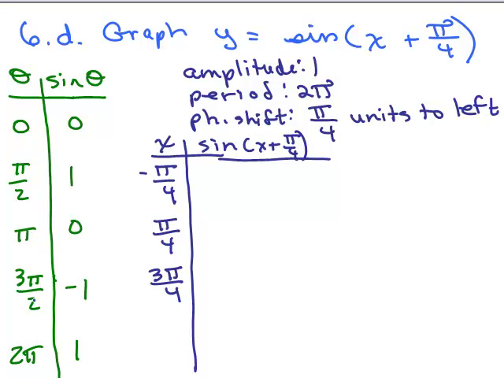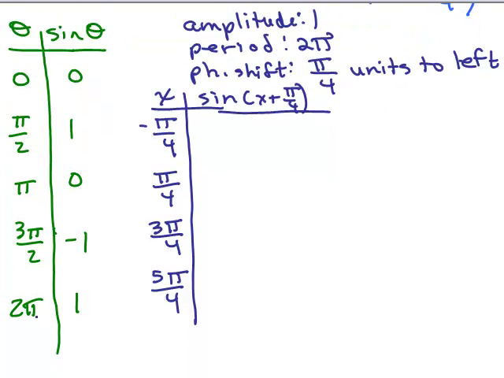And we're going to have 3 pi over 2 minus pi over 4. Notice these are going up by 2 pi over 4, so that's going to be 5 pi over 4. And the last one, 2 pi minus pi over 4, that's going to be 7 pi over 4. So I've shifted all the x values to the left, and all the y values should stay the same.